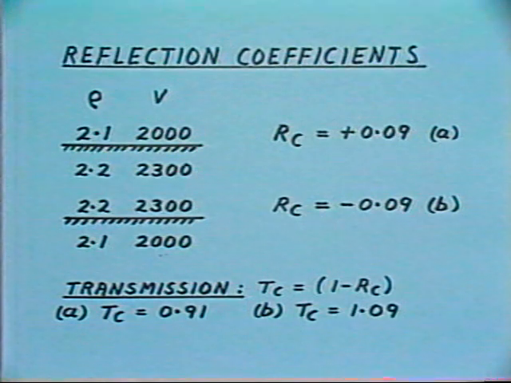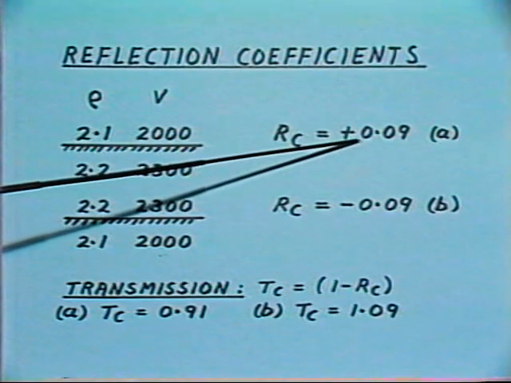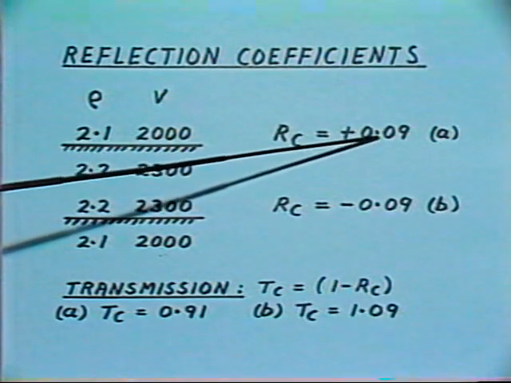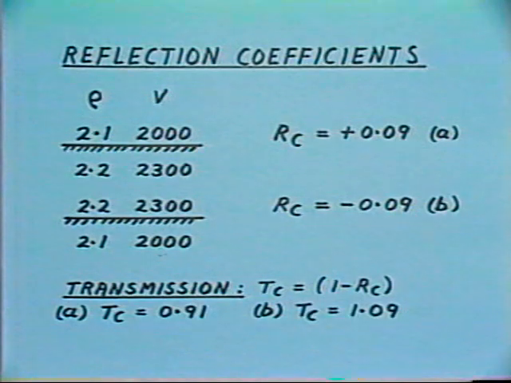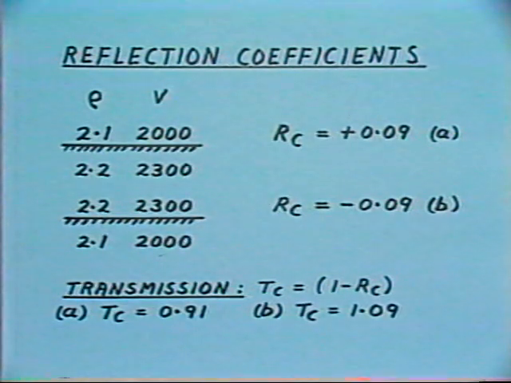Then using the reflection coefficient equation, we'd find that the reflection coefficient for that interface was 0.09. So that would mean that if we had an incident ray with an amplitude of 1, then the amplitude of the reflected ray would be 0.09. So in other words, only 9% of the amplitude is reflected.